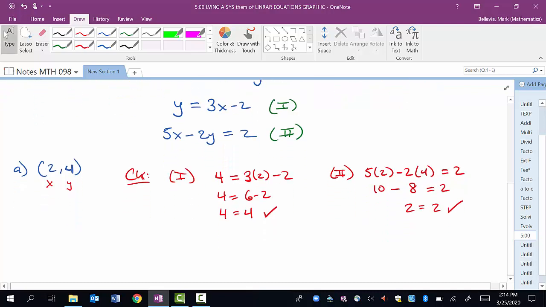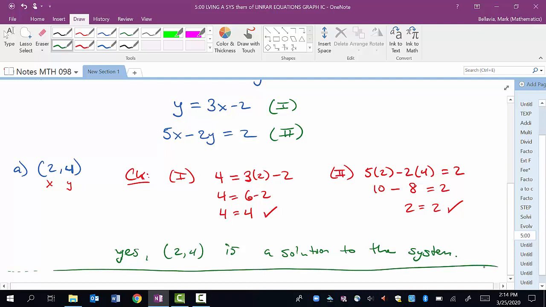So since it works in both, then we can say yes, 2 comma 4 is a solution to the system. That's what's important to make sure you know, that the reason it's a solution is that it works in both.